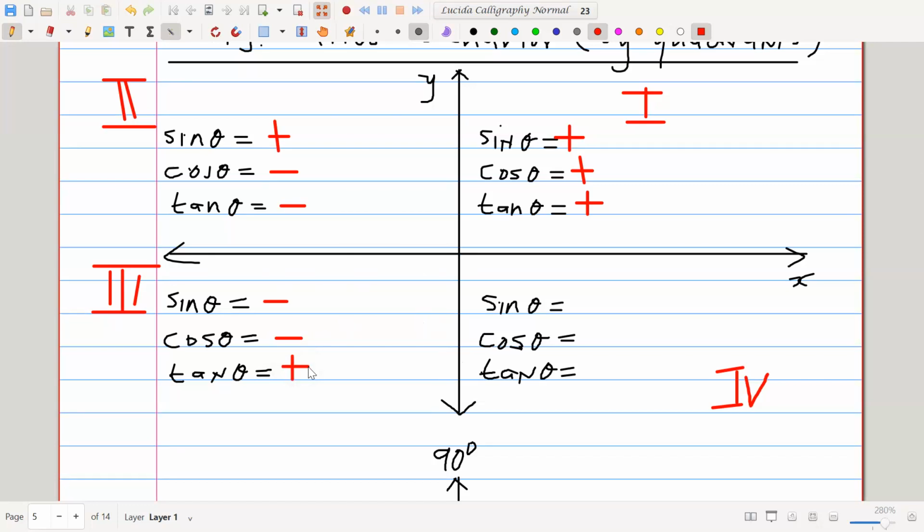Then fourth quadrant, the same technique or same understanding of definitions should give you a negative result for sine. And then the cosine should actually be positive. Why is cosine positive? We think about the definition again.